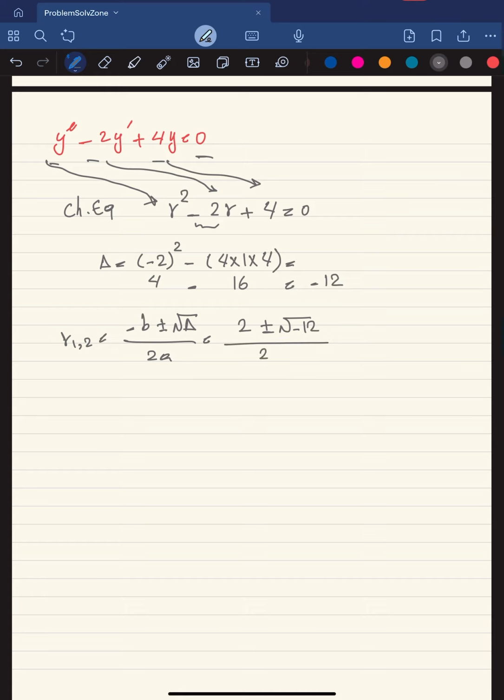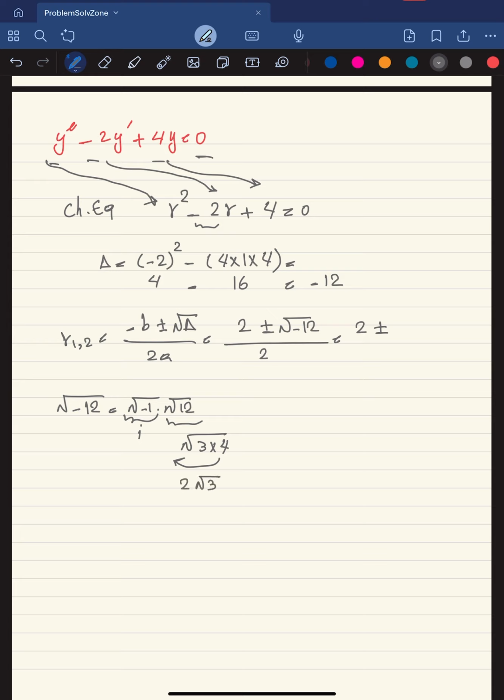Under the radical we can have a minus. When we write it like this, radical minus 1 equals i, imaginary. The radical of 12 is actually the radical of 3 times 4, and the 4 can come out as 2, so it's 2 radical 3.